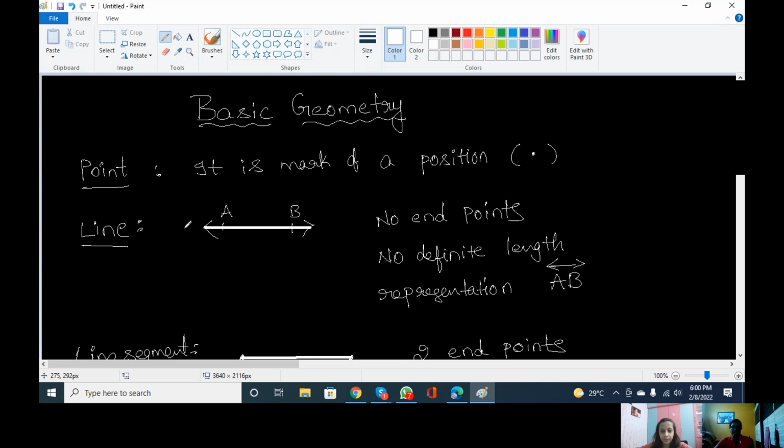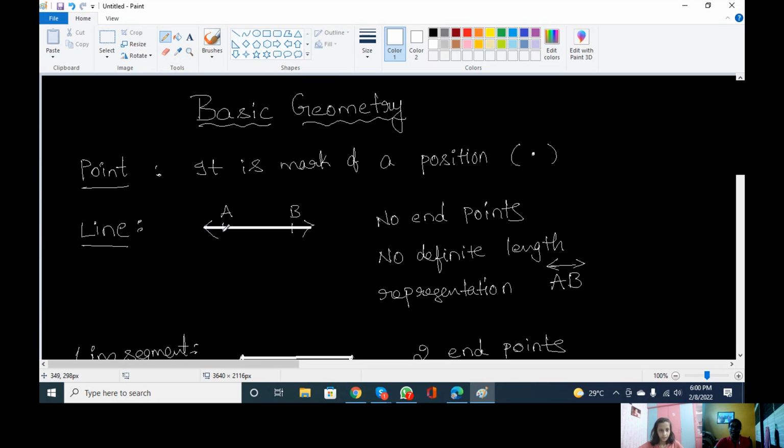Next, line. A line is represented like this. There are no endpoints for the line. You can go to the left side as much as you want, and you can extend to the right side as much as you want.